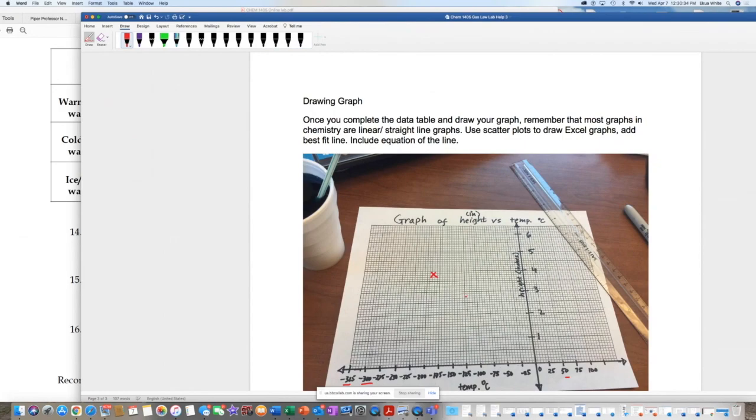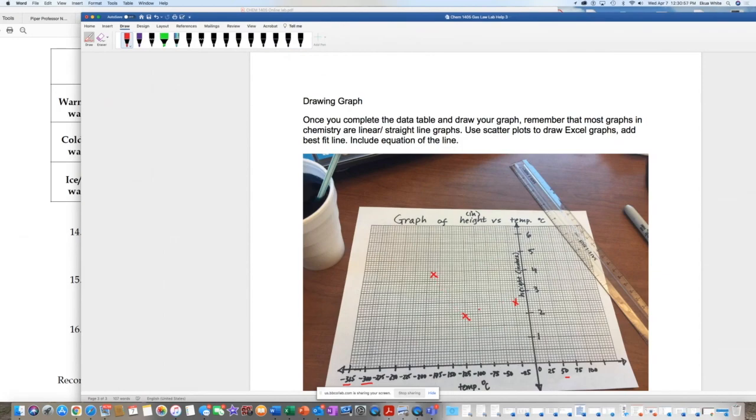I'm giving data points here that are negative. We never did anything in negative temperatures. This is super cold. All our temperatures are mild: room temperature, cold, and then warm. So this is completely not true. But I'm just showing you this to show you how you deal with this.